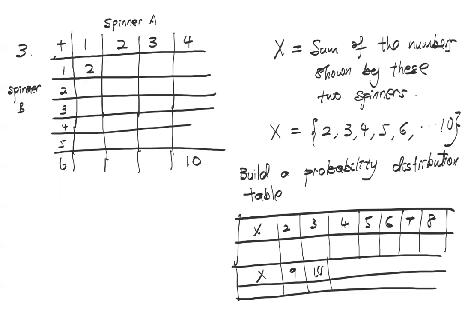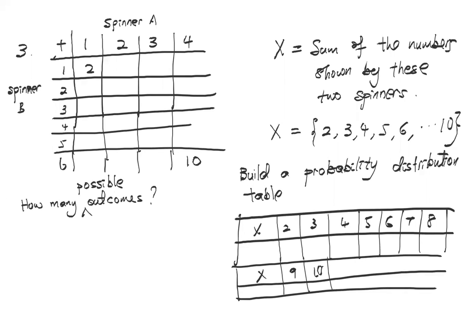Okay, now how am I going to count the probability? In high school you used a tree diagram, but I prefer to use this chart, it's easier. So how many possible outcomes for this situation?